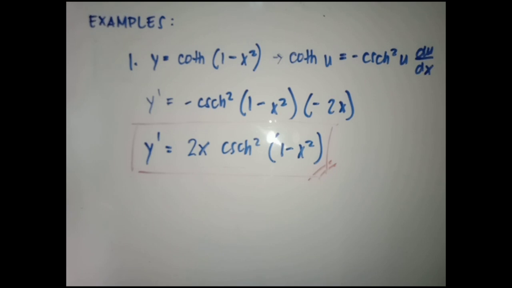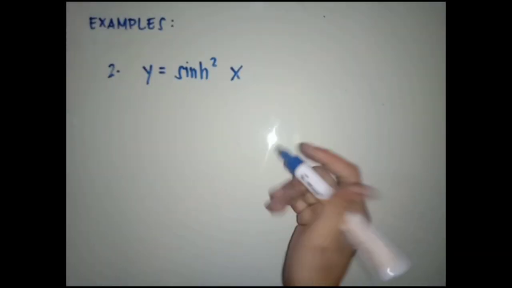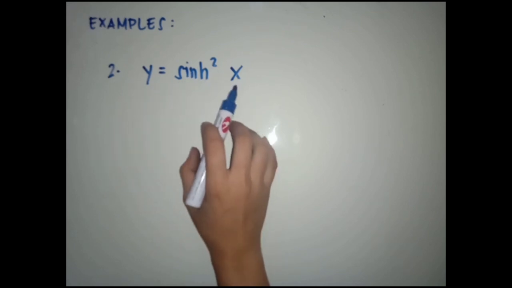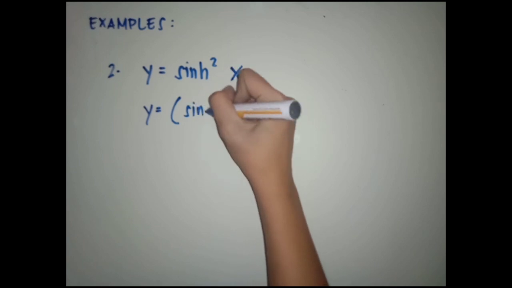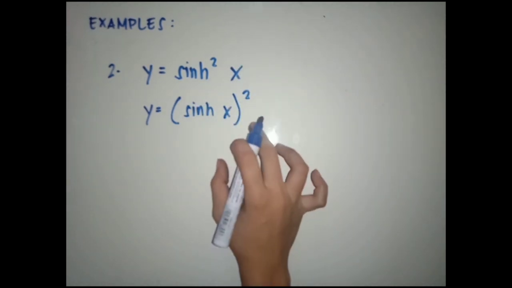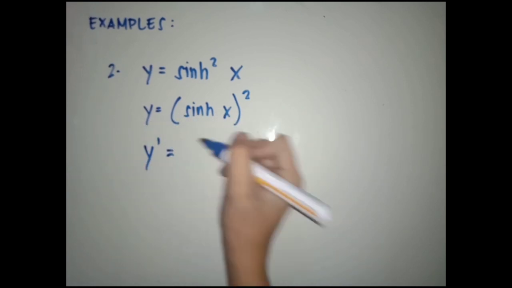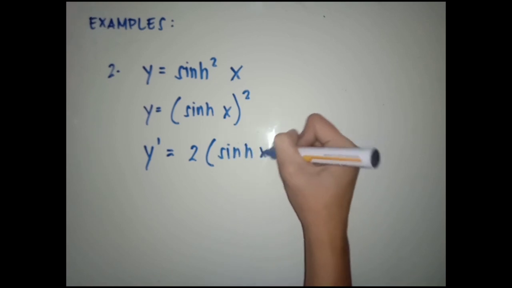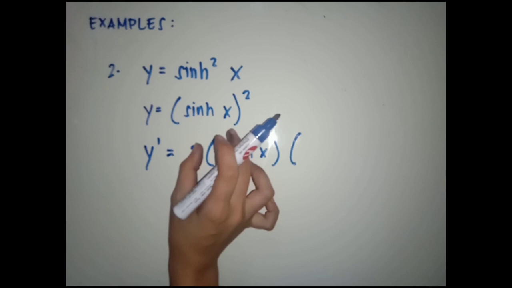Now let's proceed to another example. So in example number 2, we have y is equals to hyperbolic sine squared x, or y is equals to hyperbolic sine x, squared. Now, sa pag-derive ani, mag-use ta og chain rule. So, y prime is equals to 2 times hyperbolic sine x times the derivative sa inside function or inside ani parenthesis.